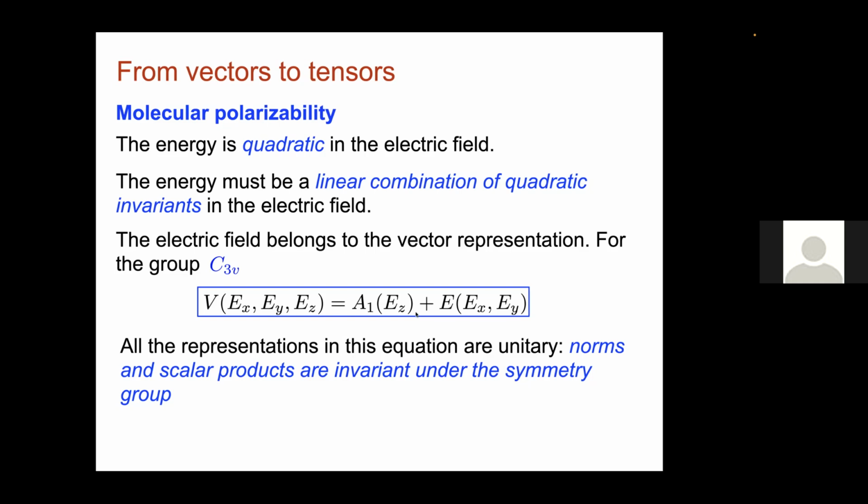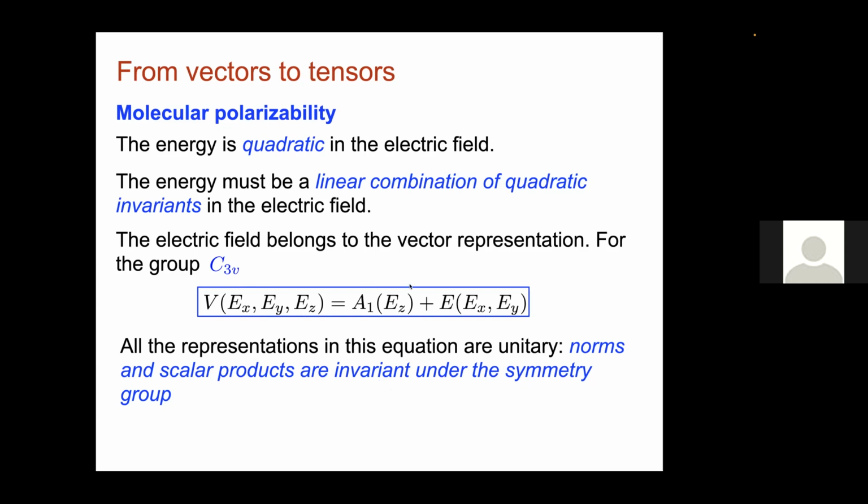So in general, we tend to work always with unitary representations because they have a number of nice properties. So this means that the norms are scalars, invariant under the symmetry group. For instance, for this representation, the norm of the electric field is EX squared plus EY squared plus EZ squared. This has to be an invariant, okay? This cannot change. The norm of the electric field doesn't change when I rotate it. This is obvious.